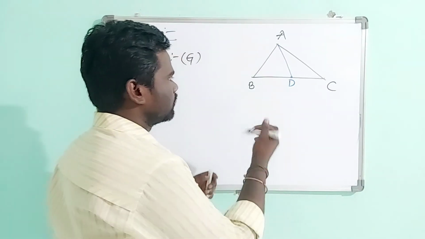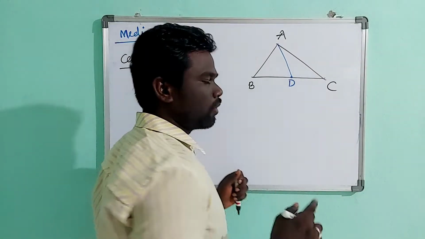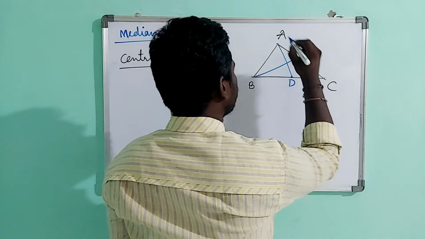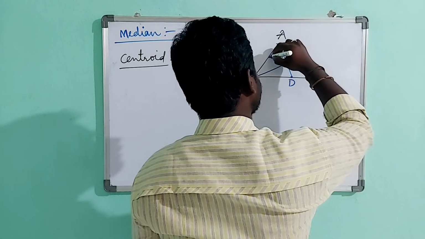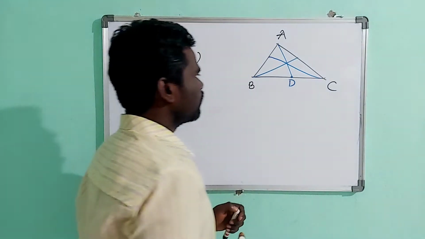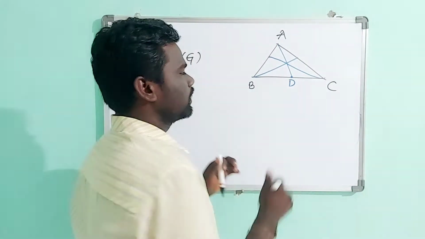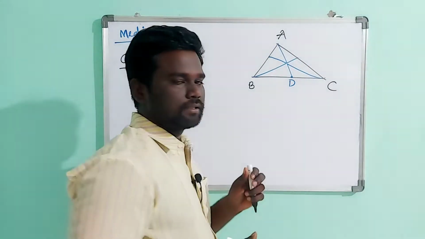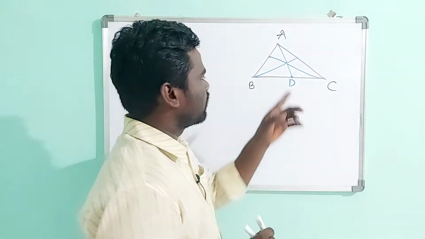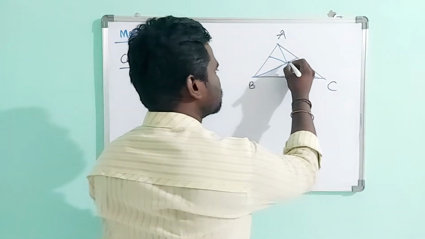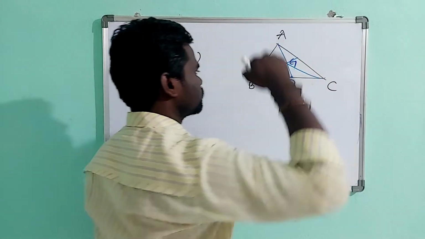In a triangle we have three medians: one from A, another from B, and finally one from C. All three medians of a triangle are concurrent. The meaning of concurrent is passing through the same point. So all three medians pass through the same point.